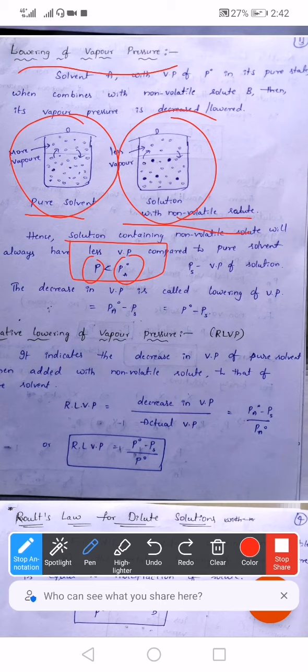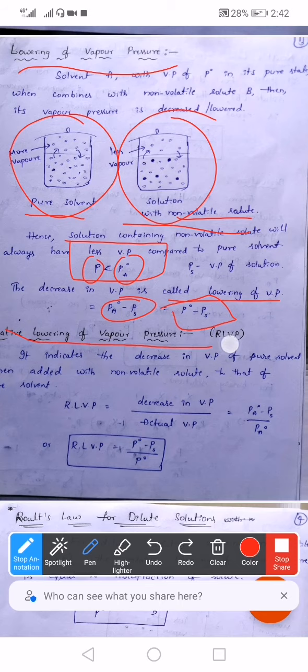That means the vapor pressure of the solution containing non-volatile solute is less than the vapor pressure of pure solvent, and the decrease in this value is called lowering of vapor pressure. It is denoted by P naught minus Ps.